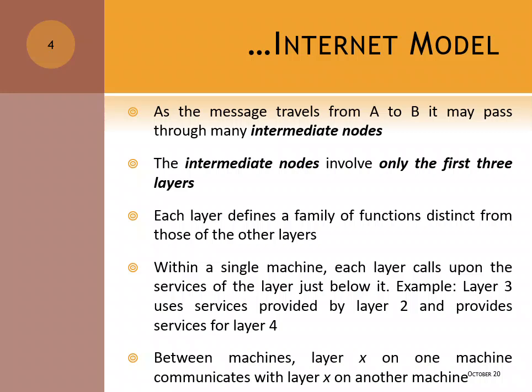Kemudian post office di sebelah receiver akan chop juga waktu penerimaan di sebelah post office di sebelah receiver. Maksudnya information sama-sama layer tertentu akan communicate sesama mereka. So that is internet model.